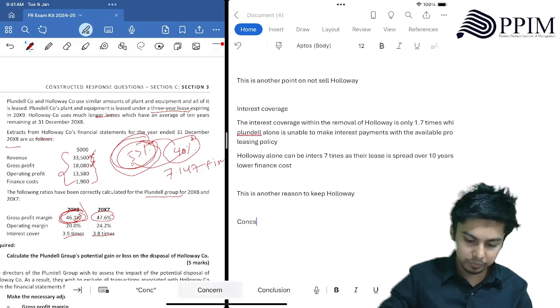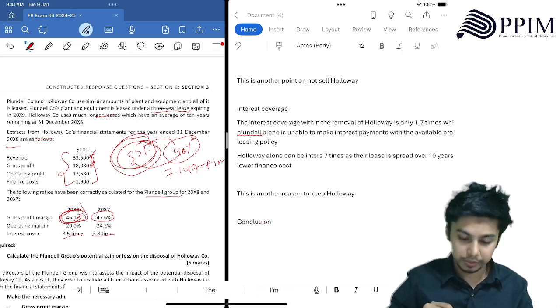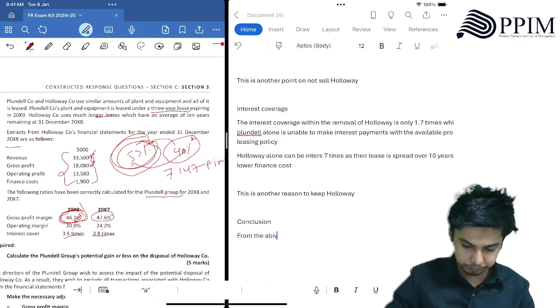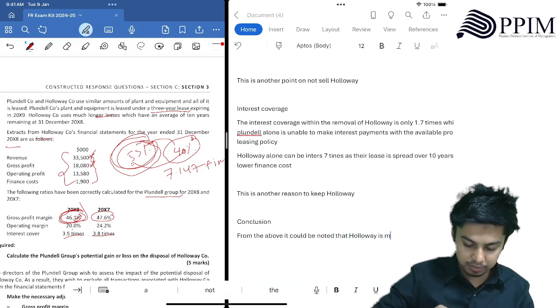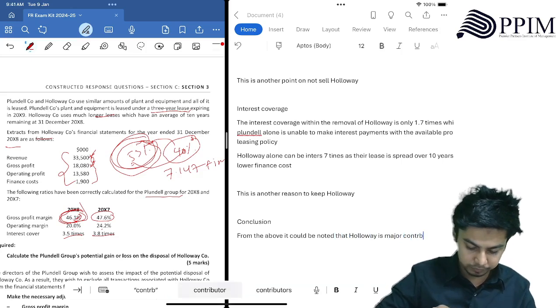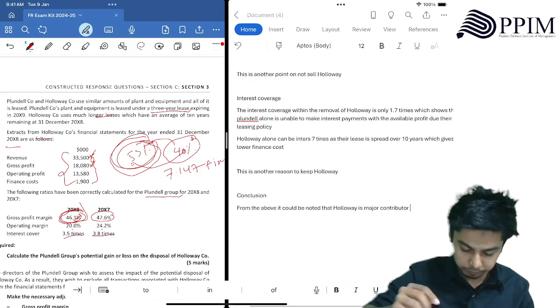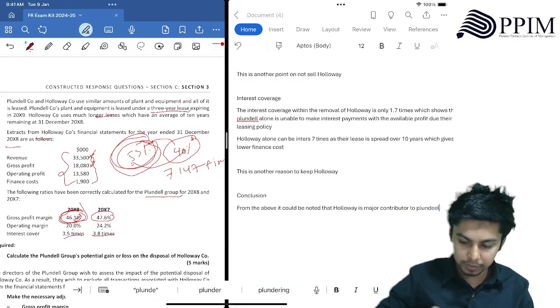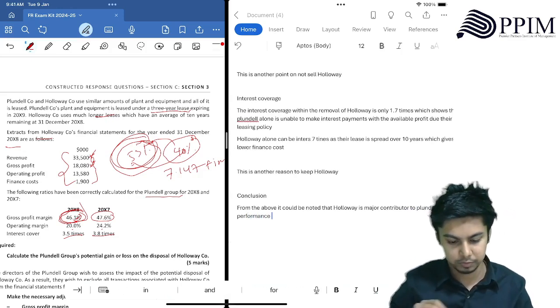Then guys, last part, we can now give the conclusion. From the above, it could be noted that Holloway is a major contributor to Plundle Group's performance.